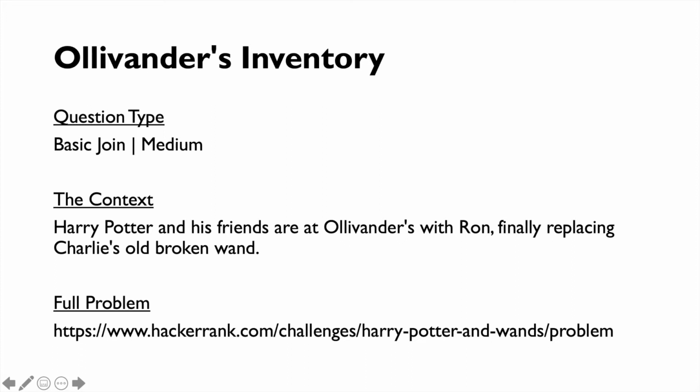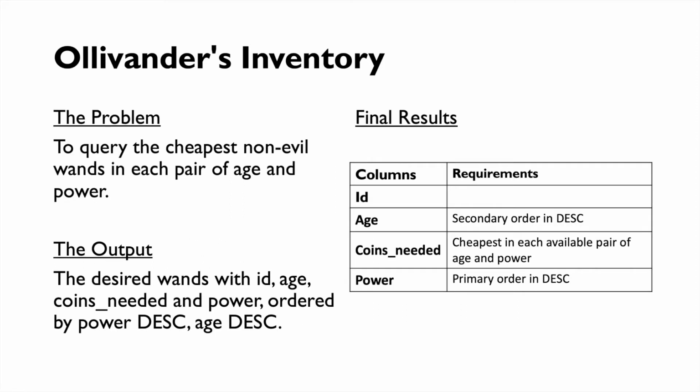The context of this question is about Harry Potter and his friends at Ollivander's with Ron, finally replacing Charlie's old broken wand. For the full problem, you can visit the link below to see the complete question description. In this presentation, I've summarized the question for you.